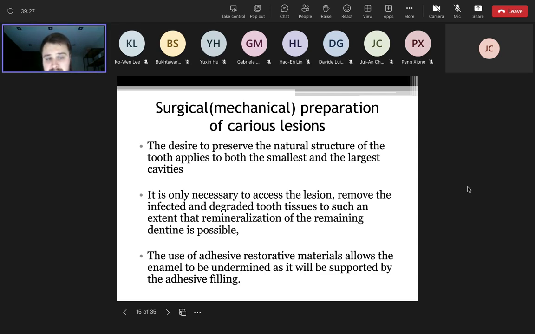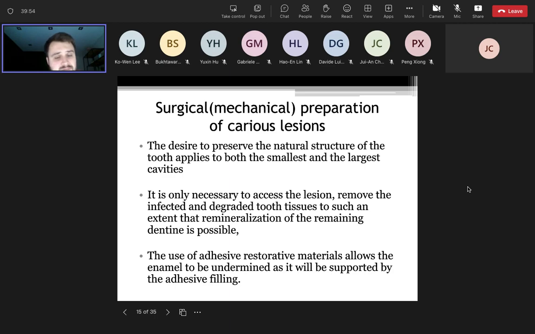Today it is only necessary to access the lesion and remove the infected and degraded tooth tissues, to such an extent that remineralization of the remaining dentin is possible. So it is very important. We don't have to remove all of the dentin which is demineralized. We have to remove the soft tissue. When we reach hard tissue, we leave it there, even if it is demineralized.